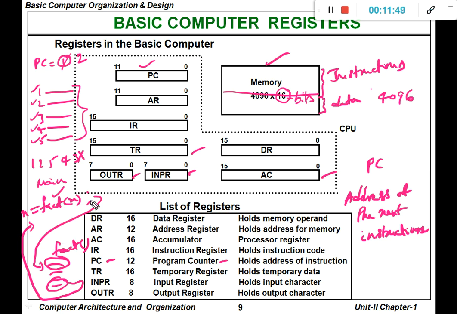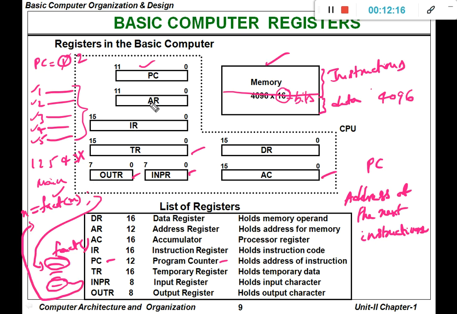After n is equal to fact of m, the program counter is updated with the address of the first instruction of fact. Similarly, after the last statement in fact, the PC will be updated with the next instruction of n is equal to fact of m. Like this it is going to happen. That is why PC is a very important register.